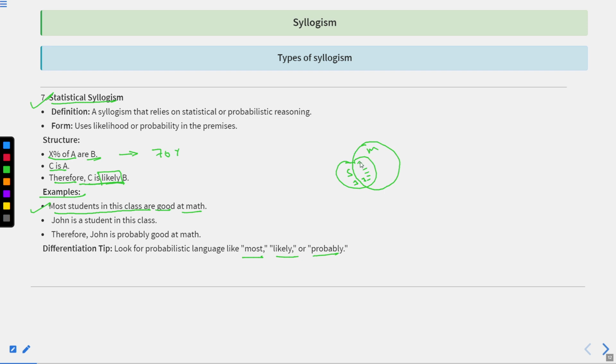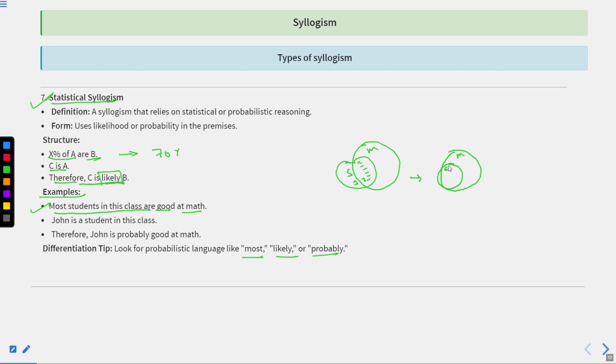Okay. And according to this particular statement, when it is saying most of the students in the class are good in maths, this diagram can again be represented in this manner, that if this is student, most of the students in this particular class are good in maths. And this is a circle which is going to represent maths.